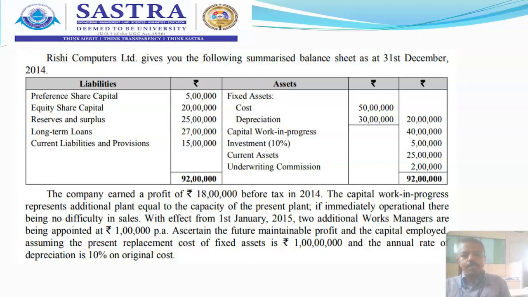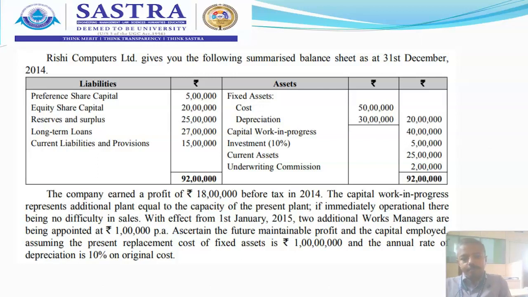So altogether it comes to around 92 lakhs. Now the company earned a profit of rupees 18 lakhs before tax in that particular year. The capital work in progress represents additional plant equal to the capacity of the present plant, if immediately operational, there being no difficulty in sales.